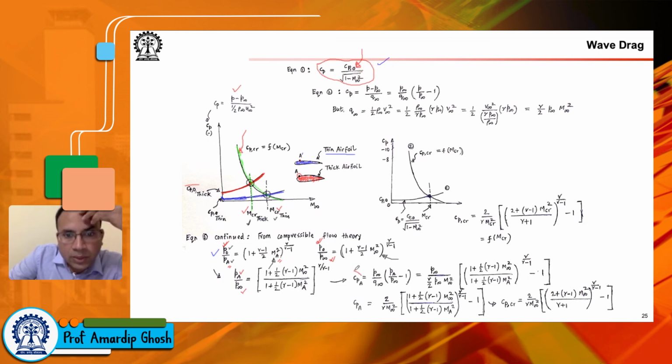Now let us look at what is Cp at the location A. Cp is defined as P minus P infinity divided by Q infinity, which is half rho U infinity square. You can just use this form to get to this form. And Q infinity, which is half rho infinity U infinity square, can be written like this, which eventually becomes this.